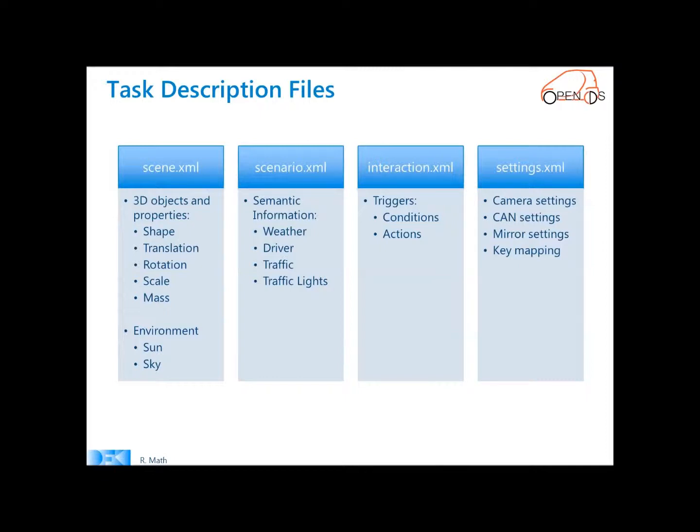And in the scenario, we describe which box would be our car. There we can assign parameters to this box, for example, what's the maximum speed, what transition parameters we want to use, etc. This is also the position where we place our traffic cars and can configure traffic lights.